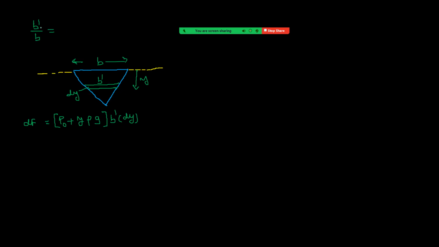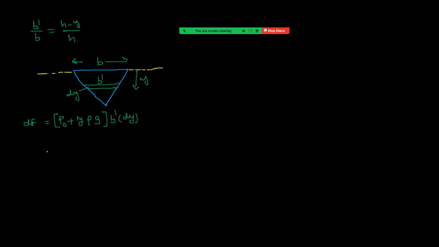So b dash upon b is equal to h minus y upon h. See carefully. Okay, so from this we get the value of b dash.